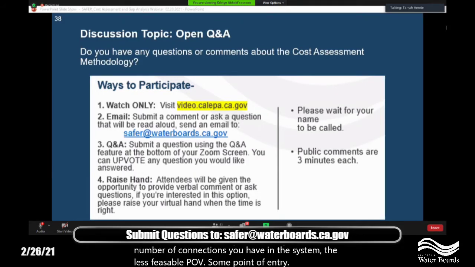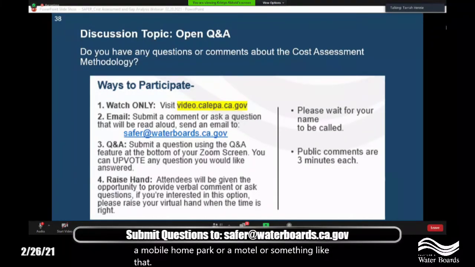Because of the requirement to have 100% of customers agree to install those units, it becomes infeasible to get that many people to agree, except in very small systems, maybe 25, 50 connections, or where there's centralized management, like a mobile home park or a motel. So I do think that's an important consideration.